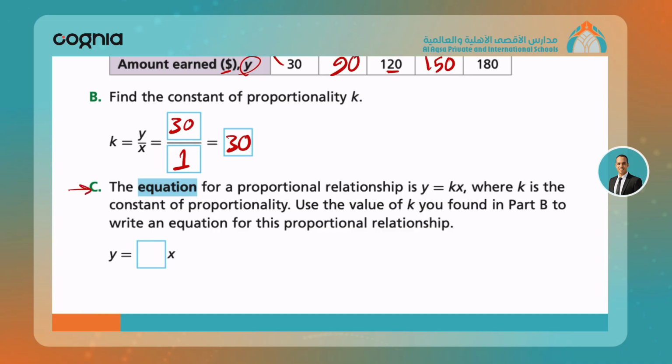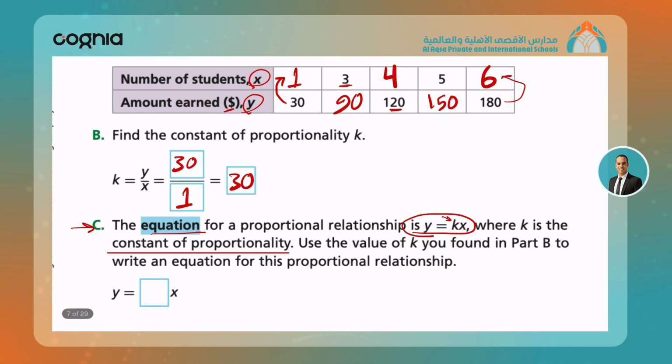Okay, here we have something new. The equation for a proportional relationship is y equal kx. So the relationship is between y and x, and k here is the constant of proportionality. Okay, so you just divide the number down by the number up. You get the k.